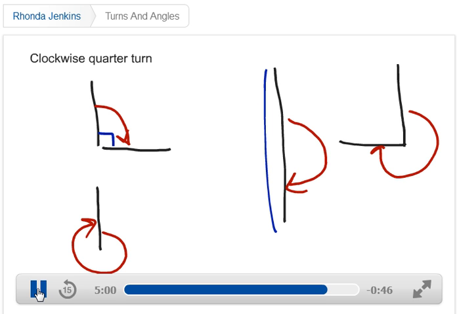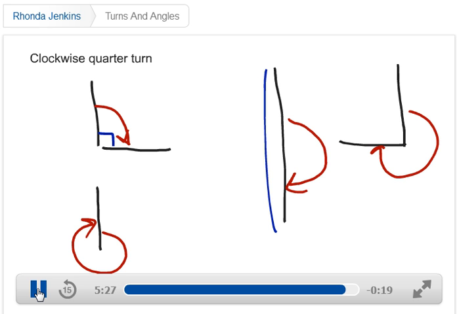This is a 180-degree angle, because it's what? Straight. Of course, if I could use a straight edge in this program, I would, but I can't. So just understand that that is supposed to be a straight line. But it is also called a 180-degree angle.